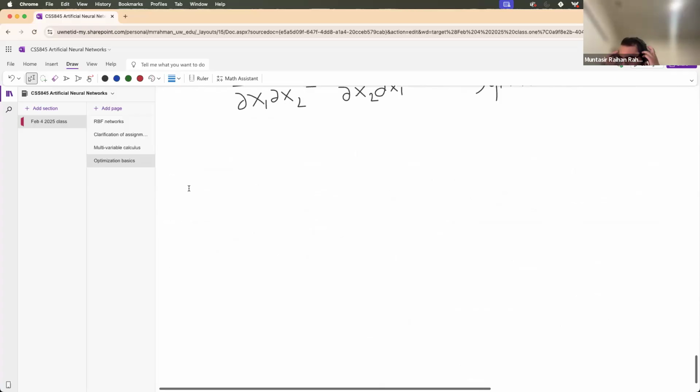So let's talk about a few more things. This is another thing that's going to be very important, which is called a directional derivative. And basically it's defined like this.